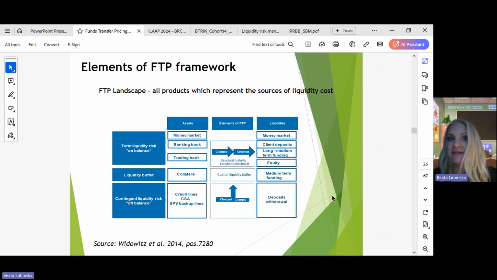And those elements are very important because, as I said, it is the whole process. It is not only one thing, FTP. So we have the FTP landscape. By FTP landscape, we consider all products which represent the source of liquidity resource, for example, liquidity cost, liquidity benefit, liquidity value.